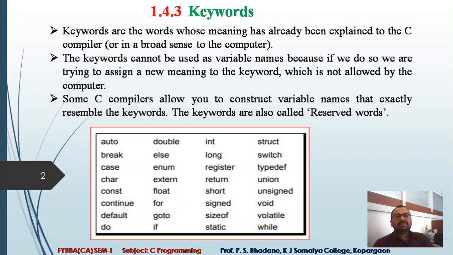Keywords cannot be used as variable names, because if we do so, we are trying to assign a new meaning to the keywords, which is not allowed by the C compiler. Keywords can be used only for their intended purpose. Keywords cannot be used as programmer defined identifiers.